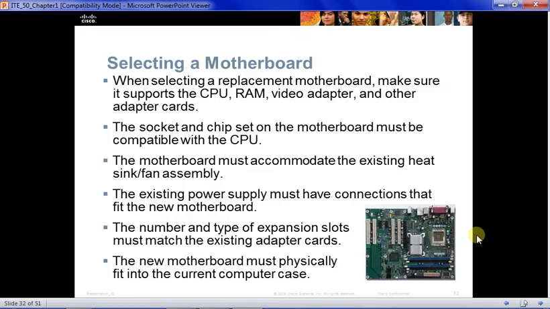If you want to use the existing heatsink, you need to make sure that the motherboard that you purchase will work with that sink and fan. And is there enough power, enough watts, on the existing power supply so that it can be used with the upgraded motherboard?